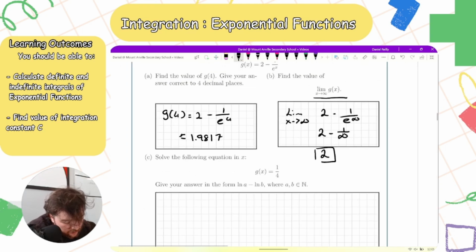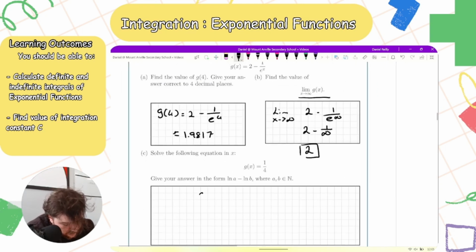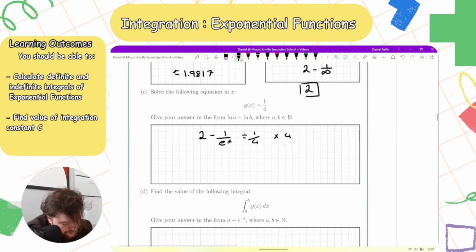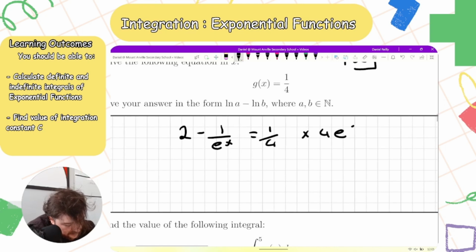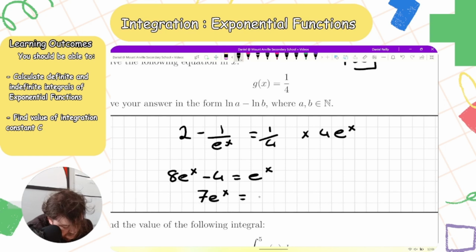Then solve the following equation. g of x equals a quarter. So 2 minus 1 over e to the x is a quarter. Multiply across by 4, multiply across by 4 e to the x. So I'm going to have 8 e to the x minus 4 is equal to e to the x. Bring my e to the x to one side. 7 e to the x is equal to 4.